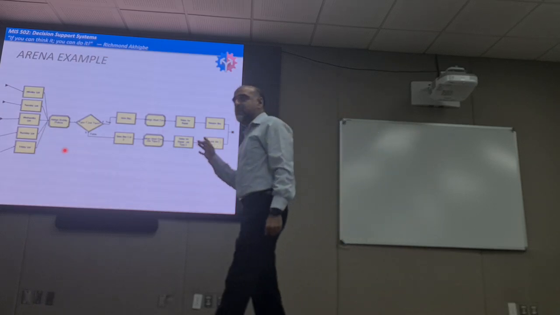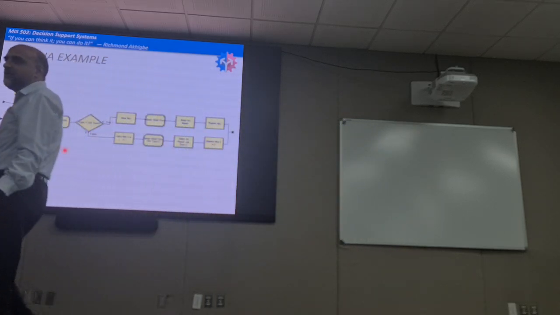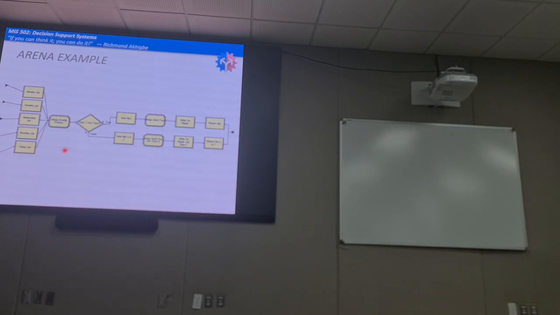The actual Arena model, when you build it for yourself, will not take very long. If it is a complicated one, maybe 1 hour, 2 hours. A simpler one, maybe 15 minutes. So Arena is very simple. In one of the classes we'll also learn Arena, because you need to know how to use it. It will take about a 1 hour session to understand all the basic ideas about Arena.